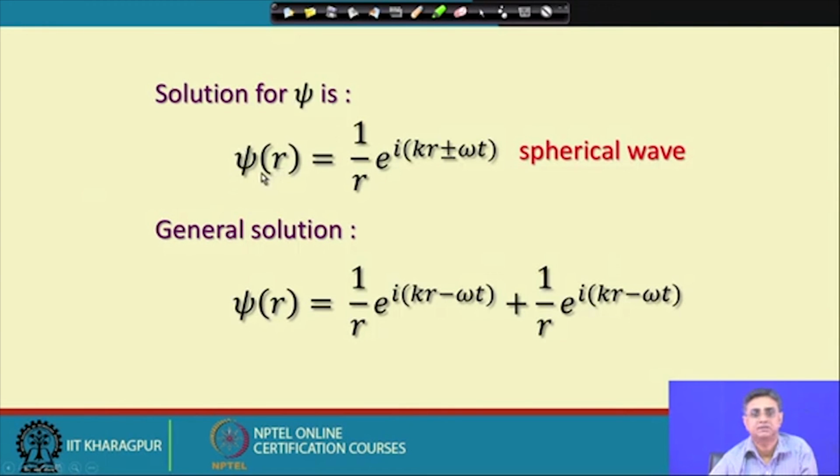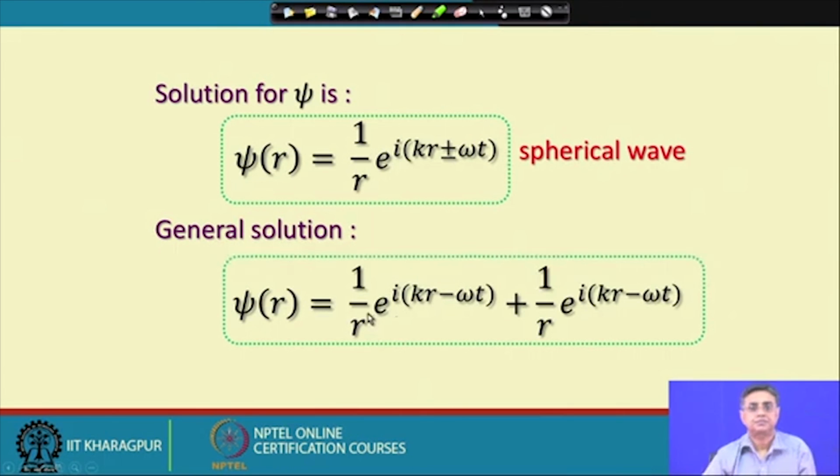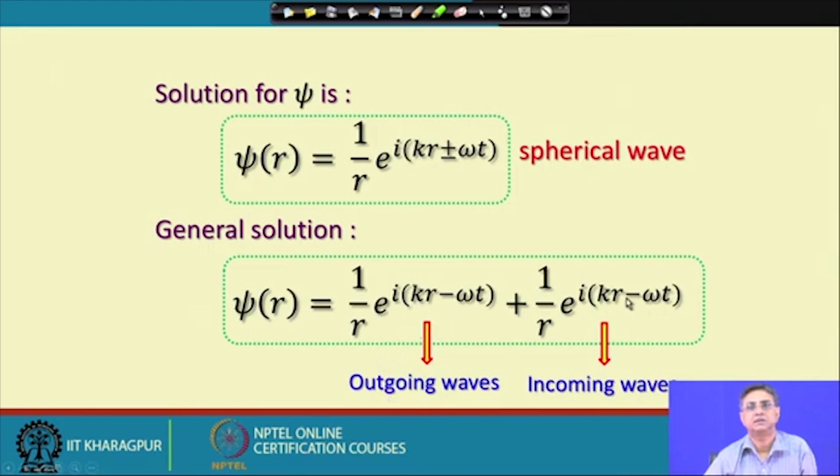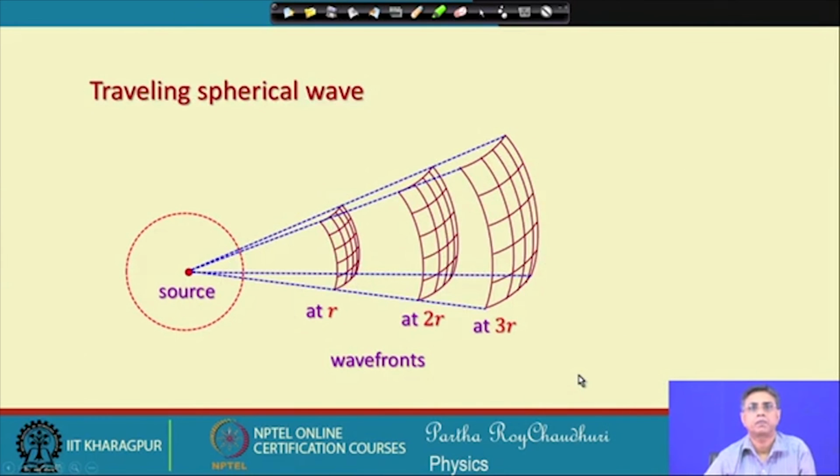So, to get back to an equation of psi, we should write psi of r equal to 1 by r e to the power of... So, again we end up with the spherical wave, and the general solution of this wave is psi of r equal to 1 by r e to the power of i k r minus omega t plus e to the power of, this should be plus. So, this is spherically outgoing waves, and if you put a plus here, this should be spherically incoming wave.